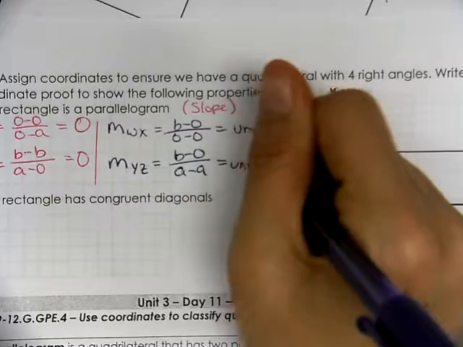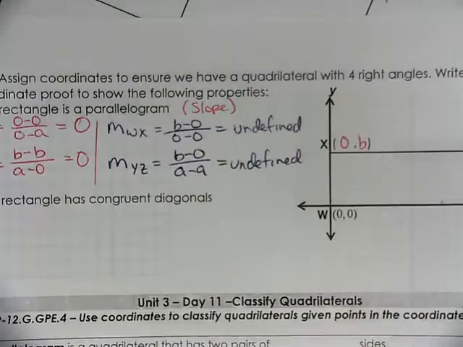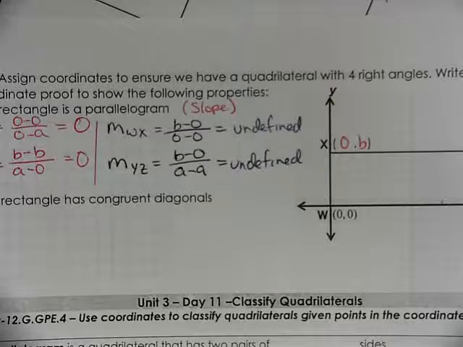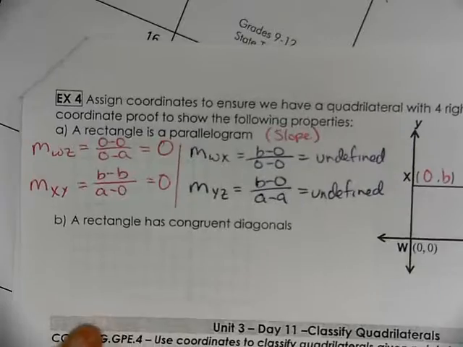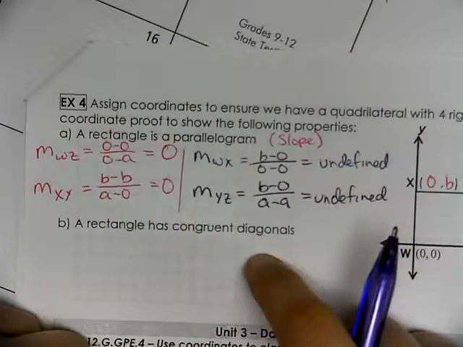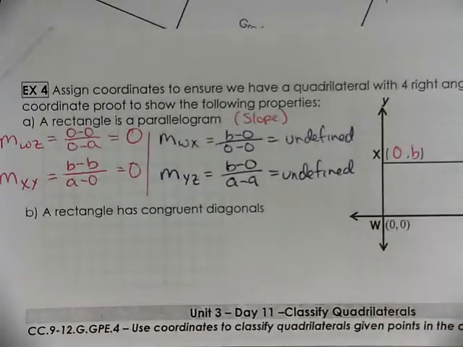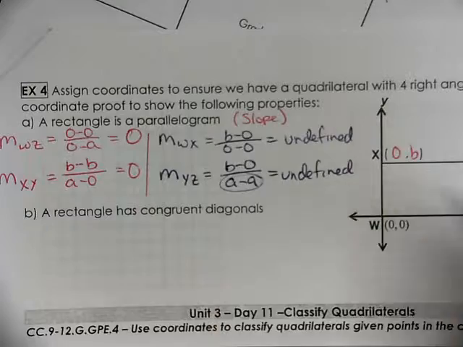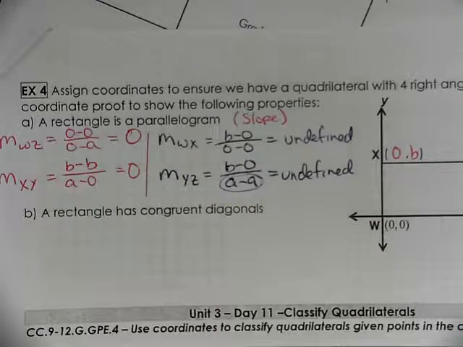Undefined again, because the A's cancel. So it's a parallelogram because I got opposite sides parallel because they have the same slope.